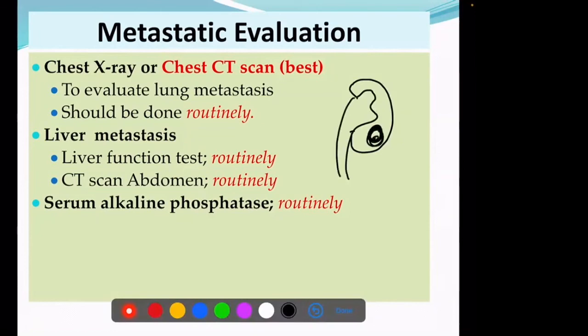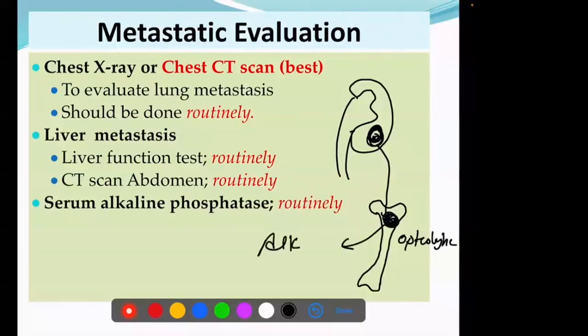If this cancer goes to the bone, then there's damage of the bone, right? An osteolytic lesion, and that leads to release of this alkaline phosphatase.